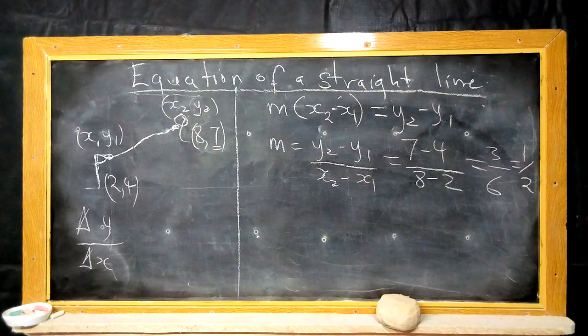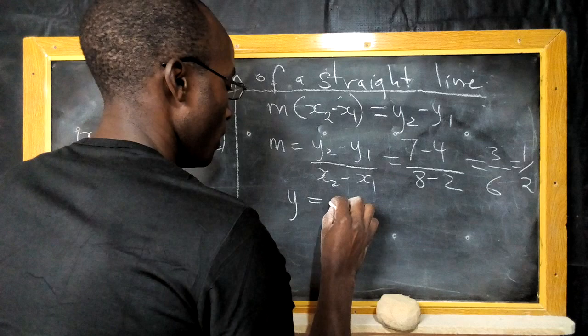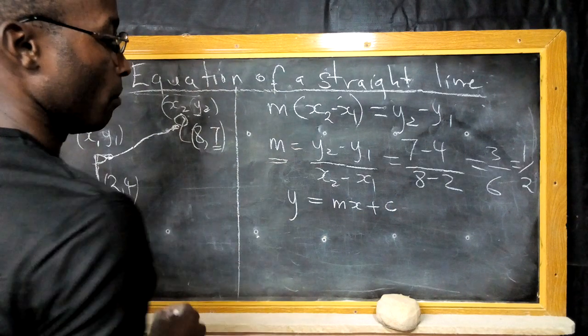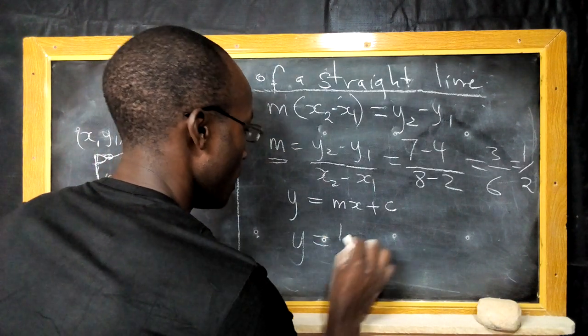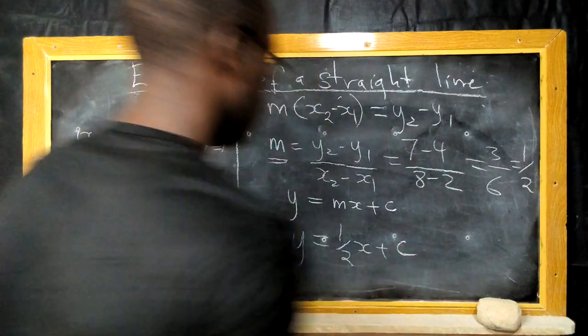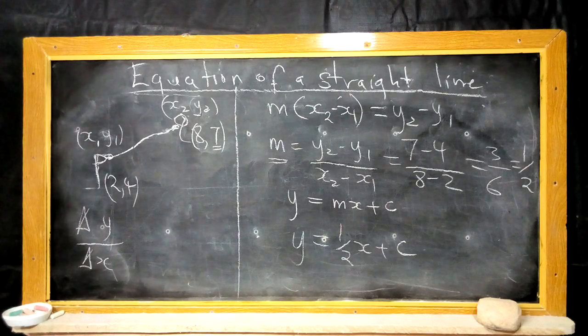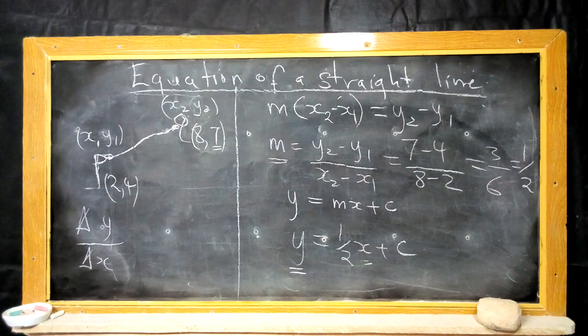So in that case, the general expression for the equation of a straight line is y is equal to mx plus c, and we have found m. So we do a replacement and say that y is equal to a half x plus c. At that point, we said that a set of points, that is x and y on the line, can be substituted to find the equation of that straight line.